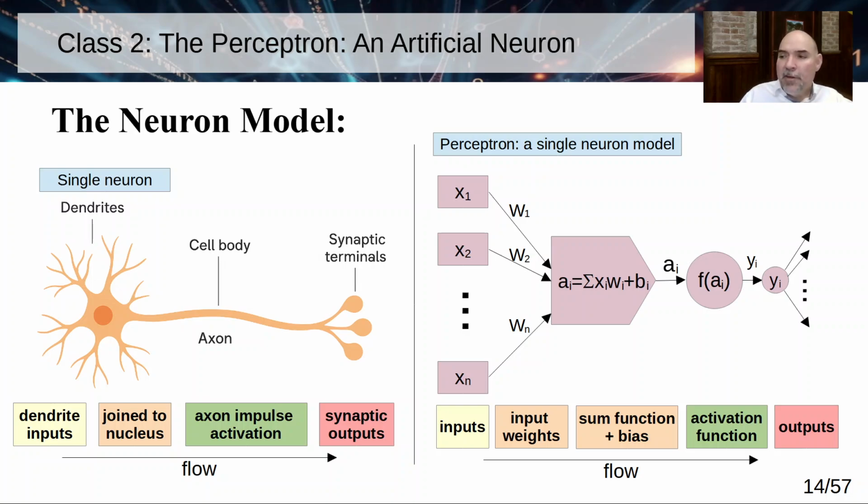And the bias could be positive or negative. It could be a negative number, which will pull it down, or a positive number, which will push us up. And then that gives us this value a sub i. That's the sum of each of the inputs times the weights, all added together, and then we add the bias to that. Now, from there, we pass that a sub i out.